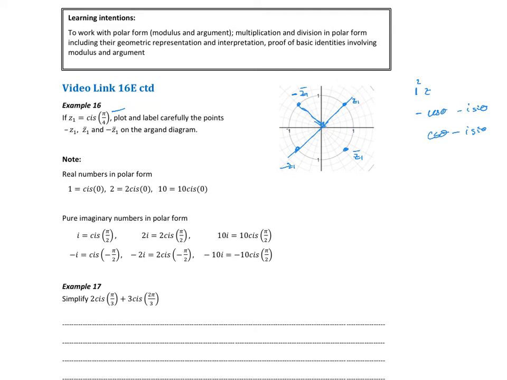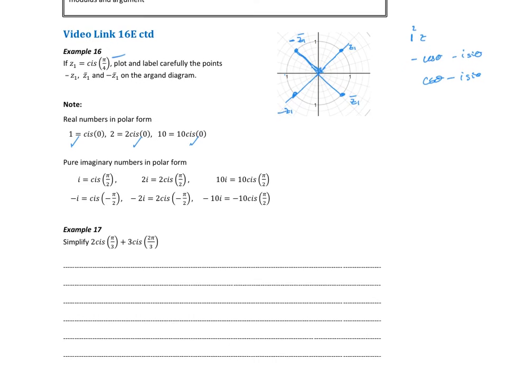So there's a couple of different ways we can think about the impact the negative sign might have on a point. All right, just remembering that all these represent real numbers. Cis 0 is cos 0 plus i sine 0, and sine of 0 is 0. Okay, so there's just a few nice little facts.